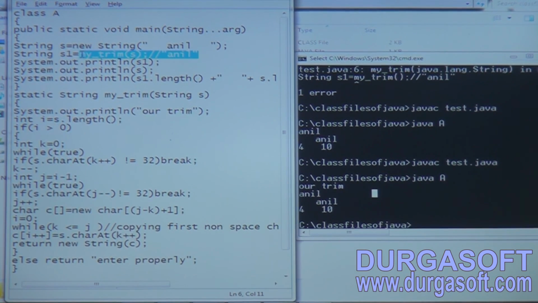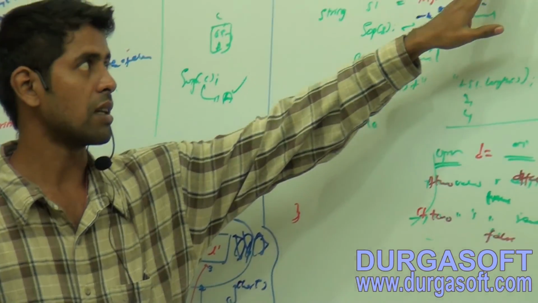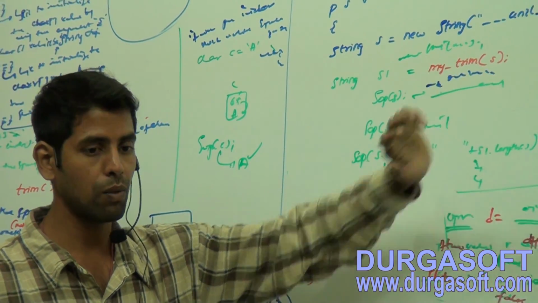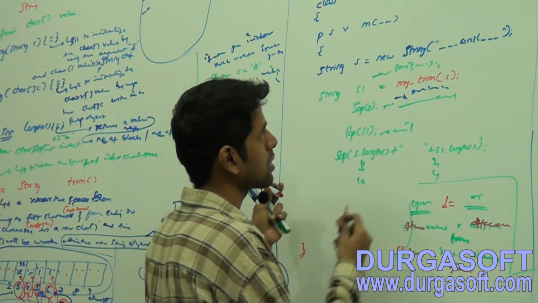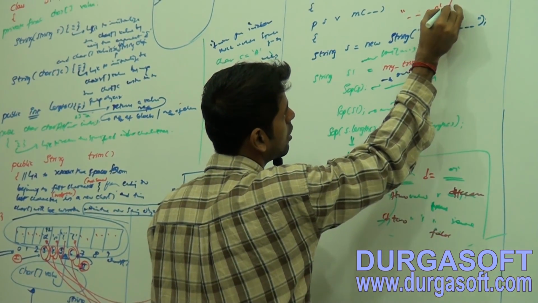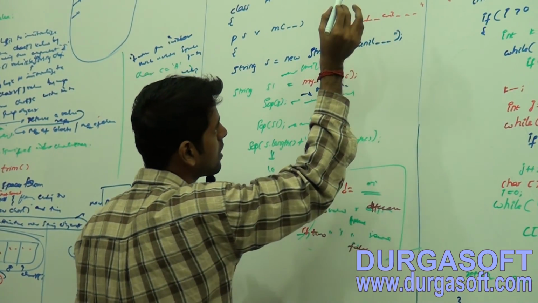Now one small doubt arises. You have used the spaces here in front of one word and after one word. What is the case if the string is like this? 3 spaces or some spaces, Mohandu space Anil. Now what happens?